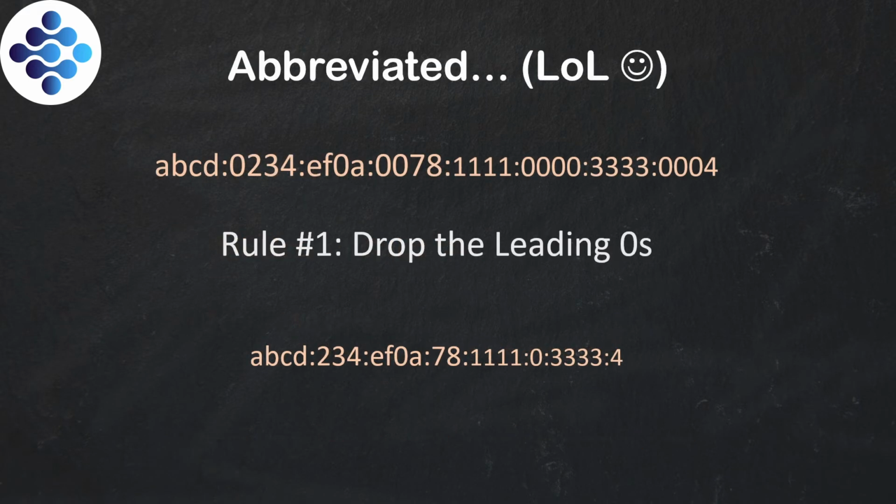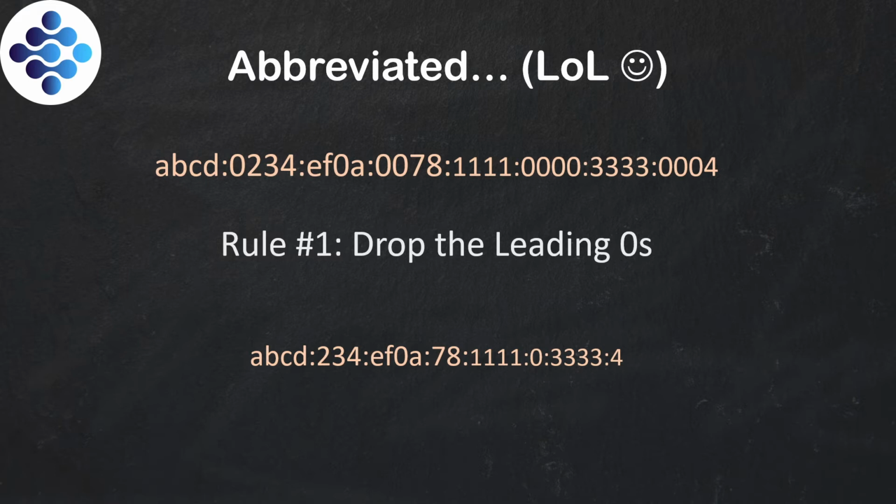Now there are 2 important rules which we must know. Rule number 1: inside each quartet of 4 hex digits, remove the leading 0. Now what is a leading 0? The 0 which is on the left side of the quartet. So you can remove zeros in the 3 positions on the left.